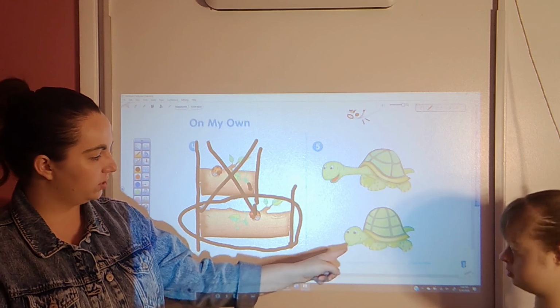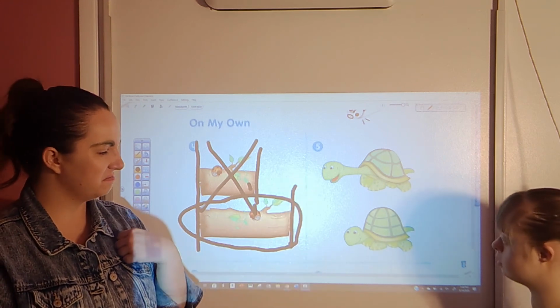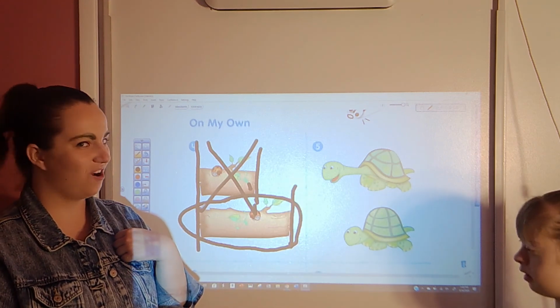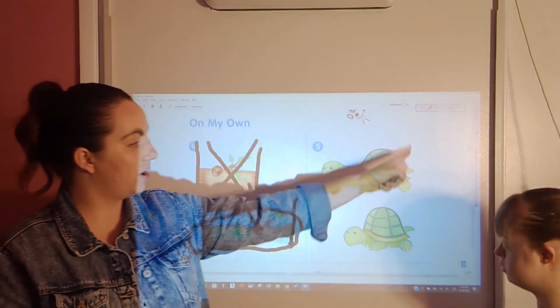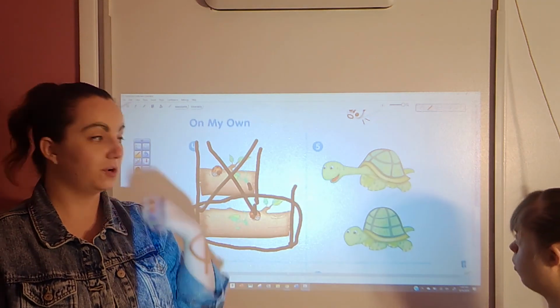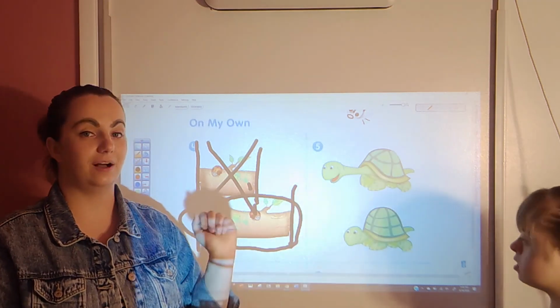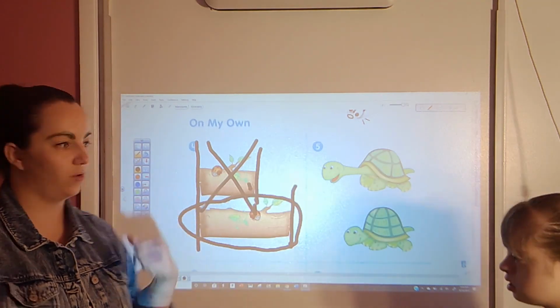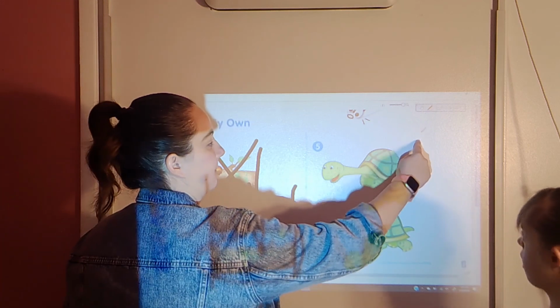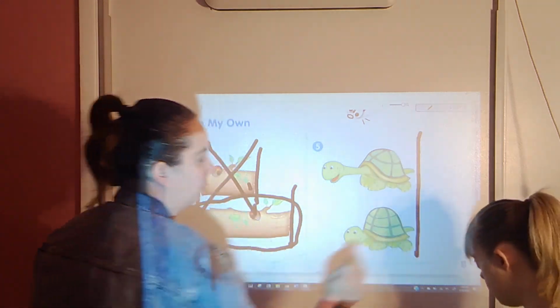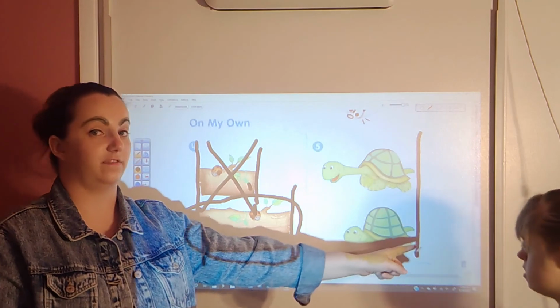Do the turtles' heads line up here? No. They line up on their tails though. So to help me measure, I'm going to draw a line on that side of their tails to see where my starting measuring point is. Right here. That's where we start measuring from.